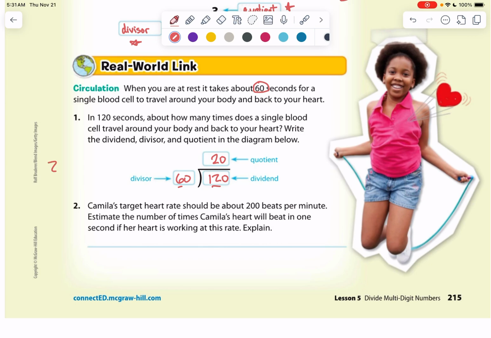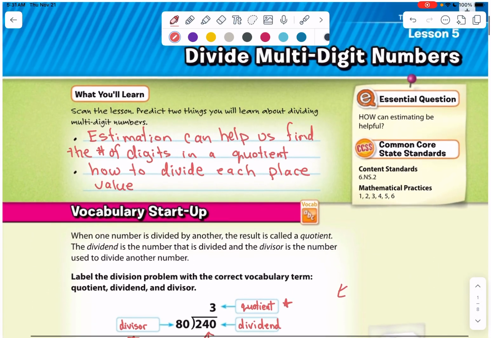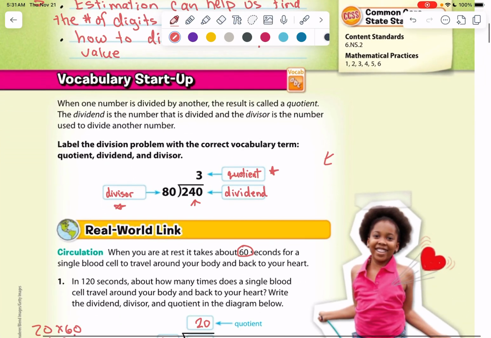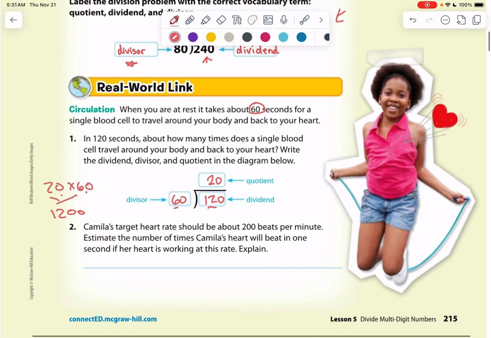Let's think about this. 20 times 60. 2 times 6 is 12. 2 zeros. That would be 1,200. So no. So remember up here when I said estimation can help you figure out the number of digits in a quotient? That's what we're talking about right here, okay?